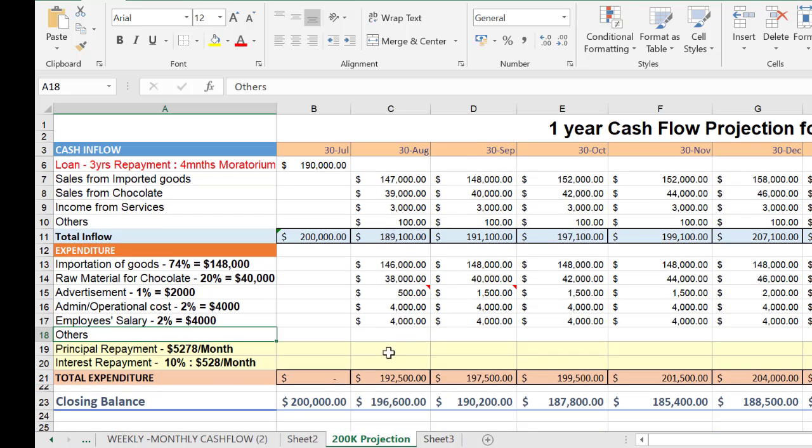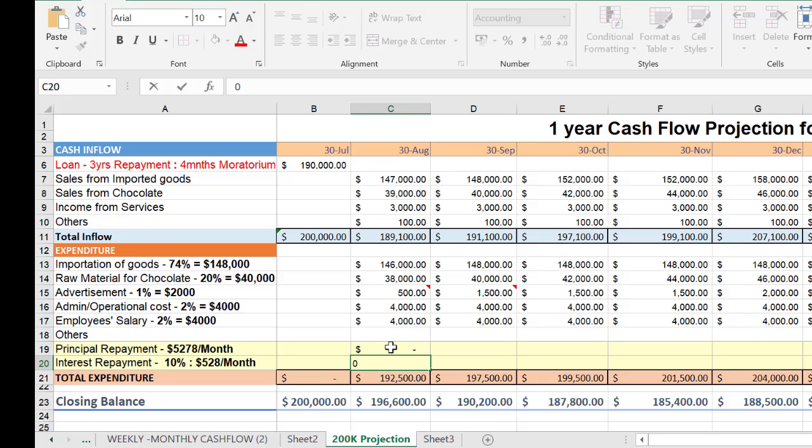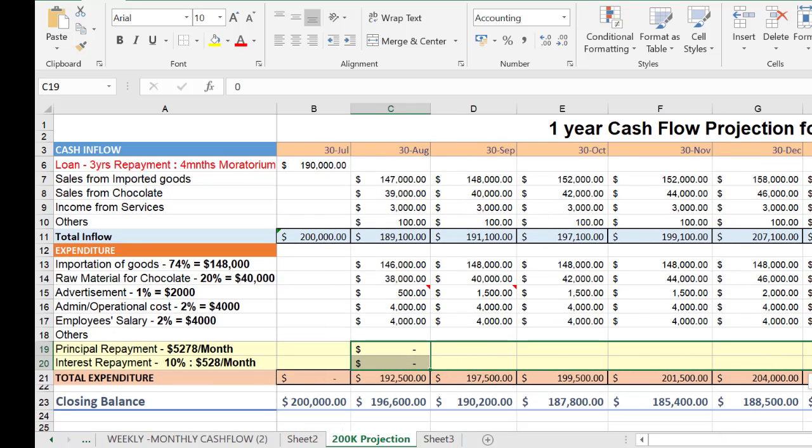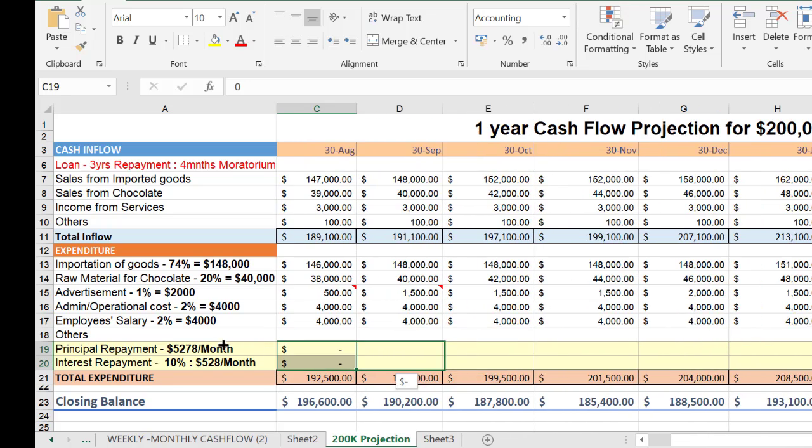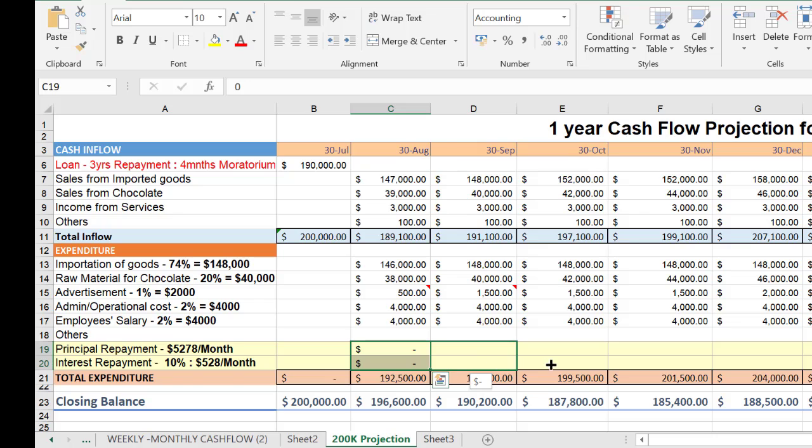All right, so like we said previously, you are lucky to have a 4 months moratorium on your repayment plan. So the first month is 0 on the principal repayments, and interest repayment is also 0. So I'm going to highlight both of them, for 1, 2, 4 months.